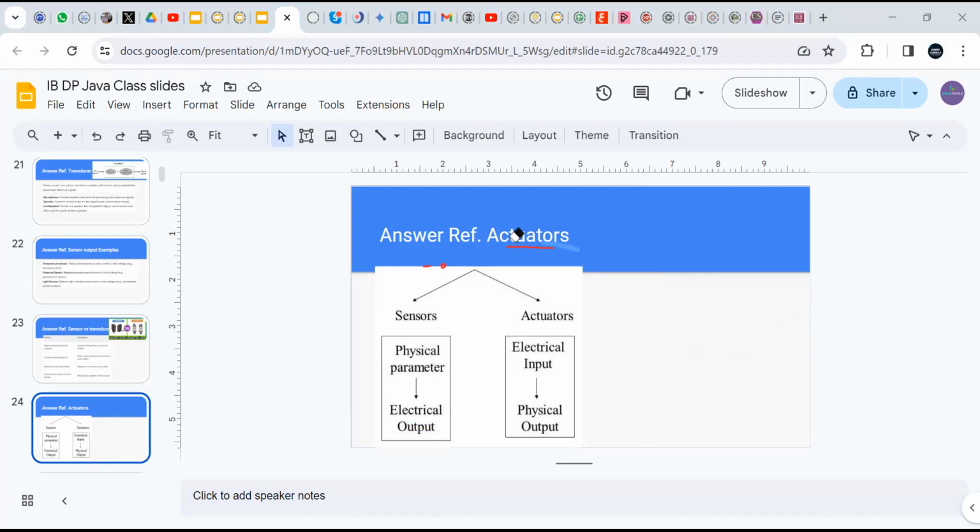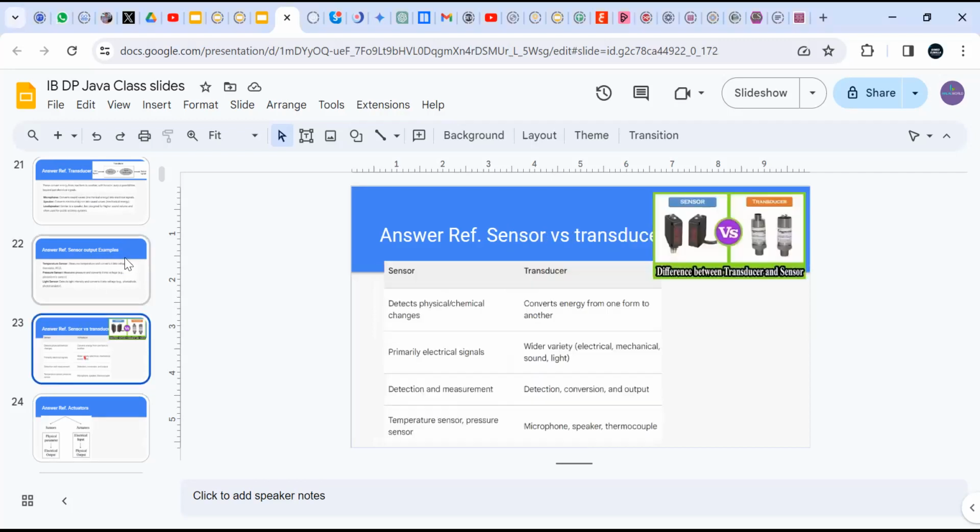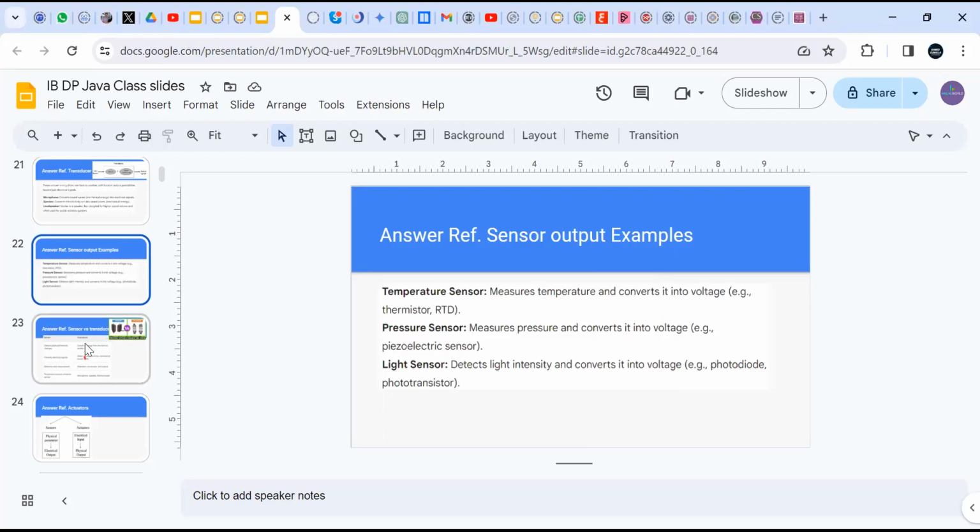Okay, so a short difference between both of them is, if we look here at the sensor, the types of temperature sensor we are able to use are the thermistor and the RTD.